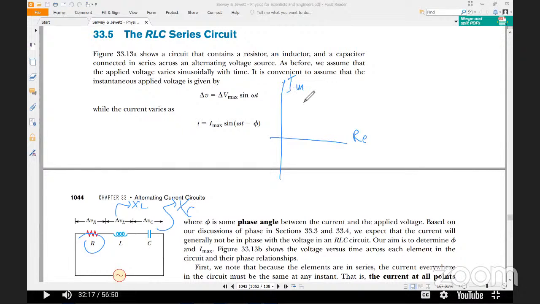Okay. And the resistor is in the real part. This is the resistor. Resistor all are through V and I, but we will talk later.